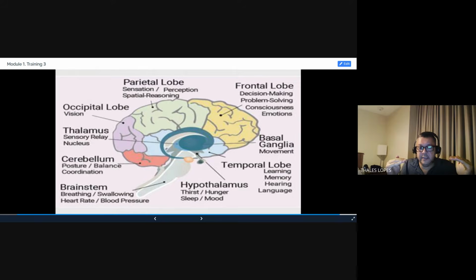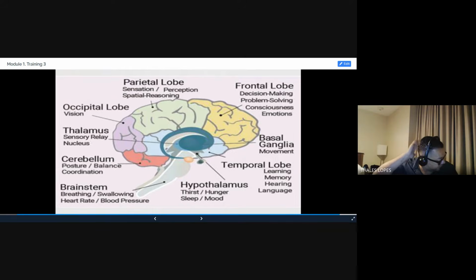Hypothalamus, what the heck? Brain stem, we didn't talk about, but think of anything you need to live: breathing, swallowing, heart rate, blood pressure. Cerebellum, the drunk guy that needs to be walking straight if you get pulled over. The thalamus, the sensories all over, but smell.